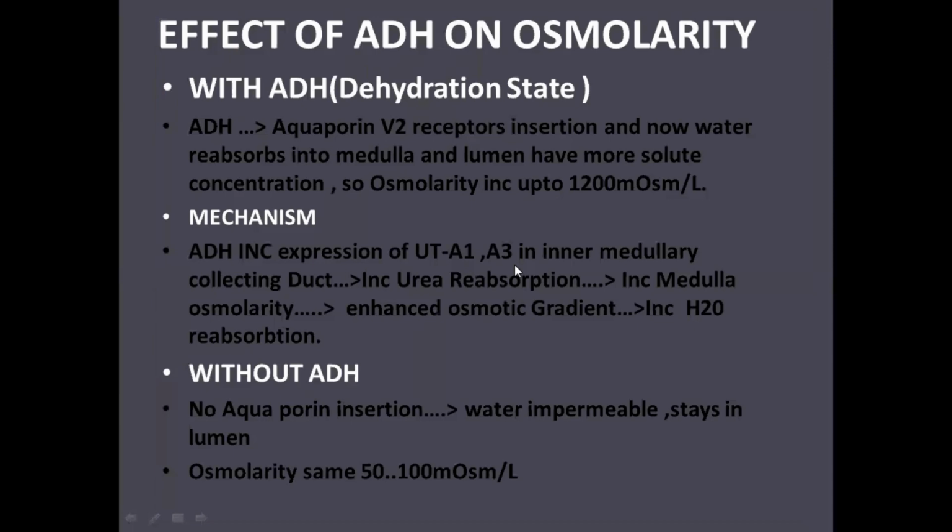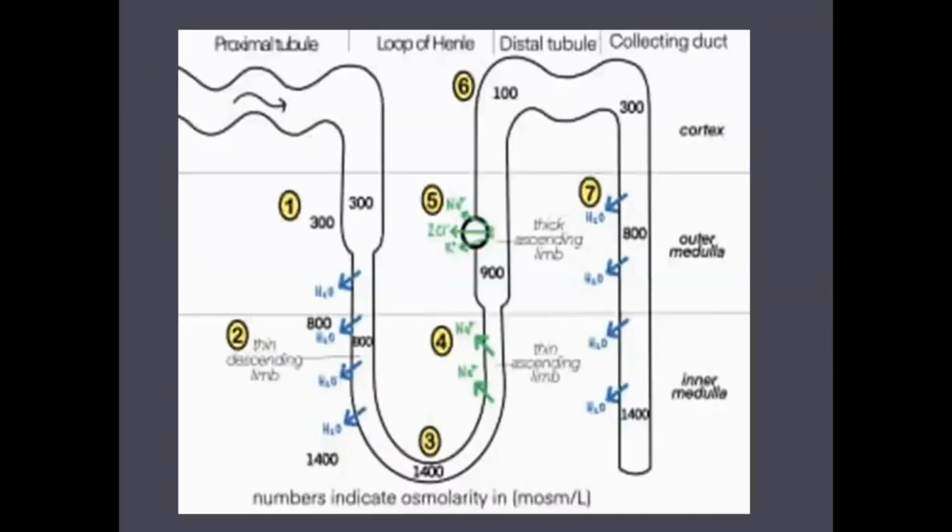So only in the presence of ADH, the osmolarity of your lumen will reach even up to 1200 milliosmol per liter. However, always remember that whenever there is no ADH, the osmolarity will not reach 1200.